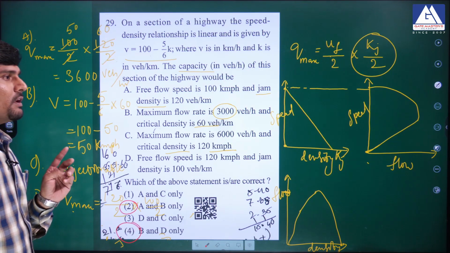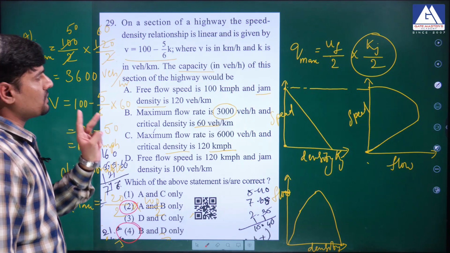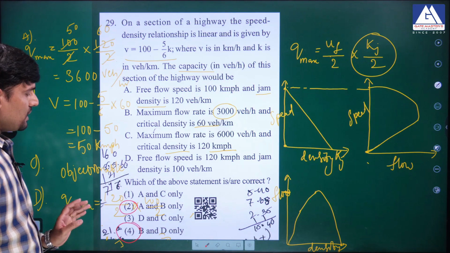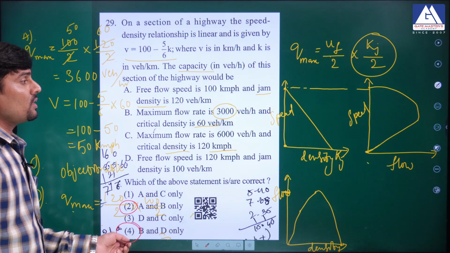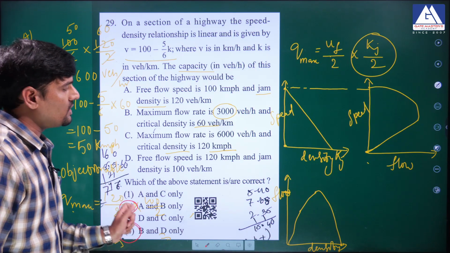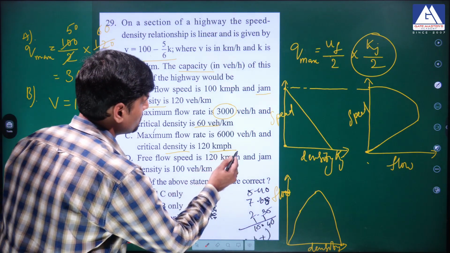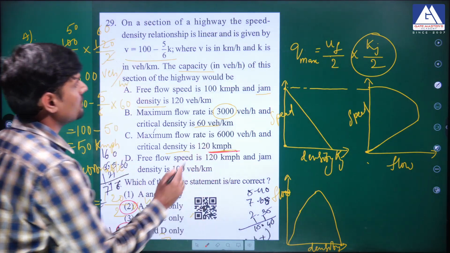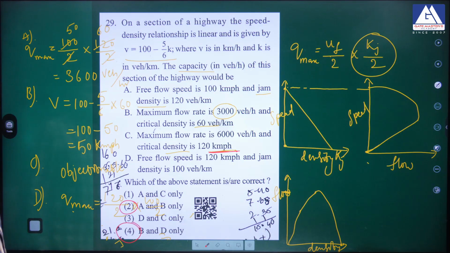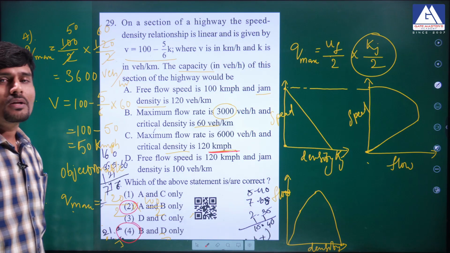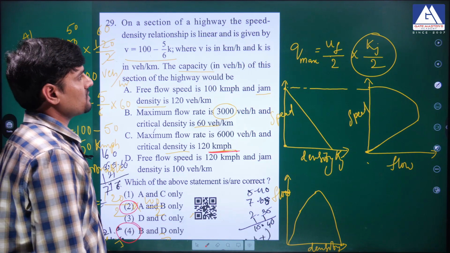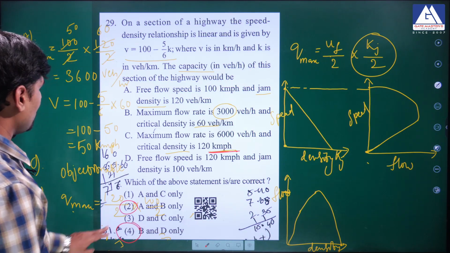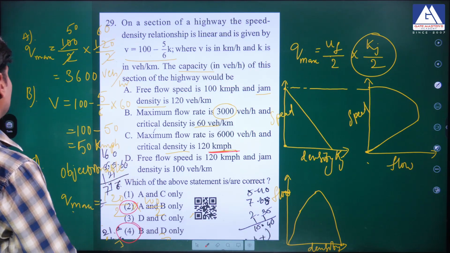So one could answer either option 2 or option 4. Or if somebody wishes to challenge just because of the mismatch with the units of option C, one can object to or challenge the question given in the TSPSC examination. So there are two options for this particular question. Moving on.